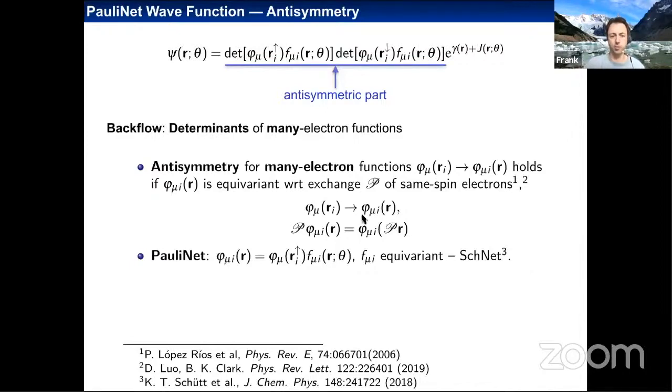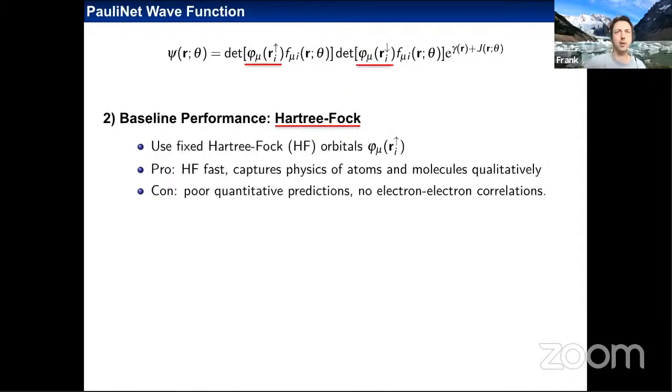So the corresponding pseudo particles also have to exchange. And here we use a graph neural network, which is derived from SchNet, in order to implement this backflow function. I won't go into details right now about this network, but I'm happy to answer questions about that.